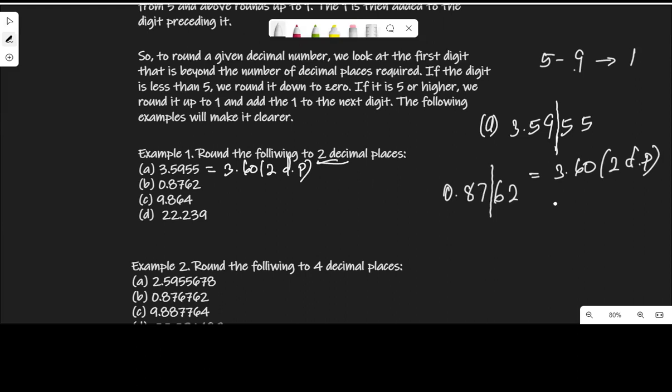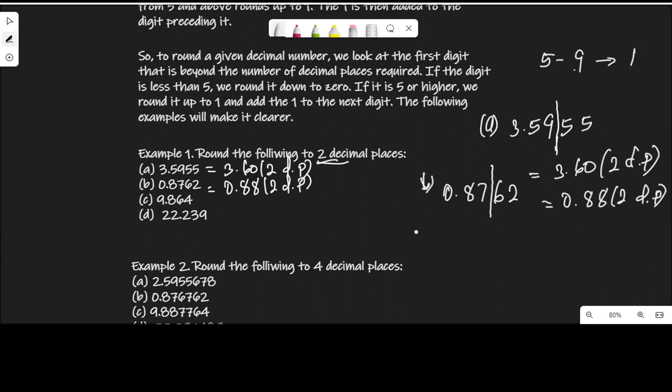So this number to 2 decimal places is 0.88, in brackets 2 decimal places. Write the answer here, 0.88. Okay, that is that for question B.